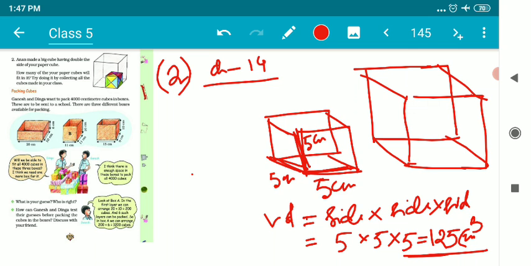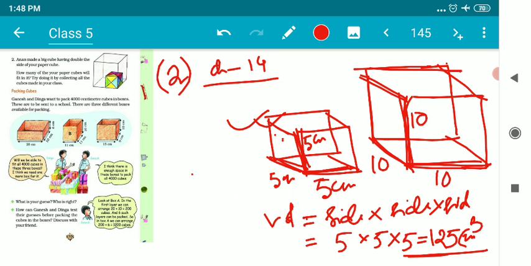All dimensions are 10 centimeter: length is 10 centimeter, breadth is 10 centimeter, and height is also 10 centimeter. Now the question is how many such small cubes will fit into this bigger cube.